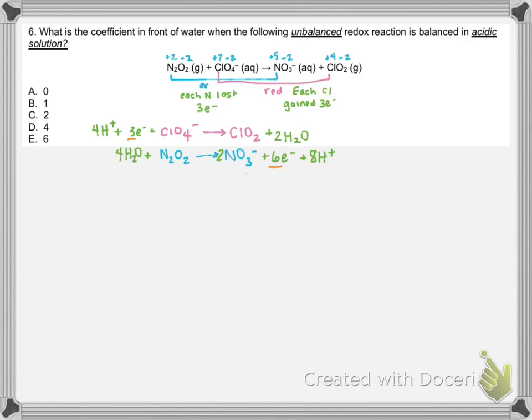So what we're going to have to do is multiply the top reaction by 2, so both will have an exchange of 6 electrons. And so once we've multiplied that reaction by 2, and we have the same number of electrons, we can go ahead and combine our 2 reactions to get some overall reaction.